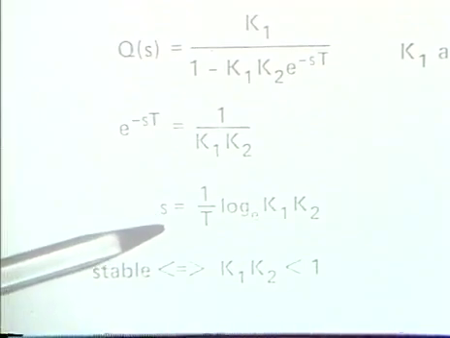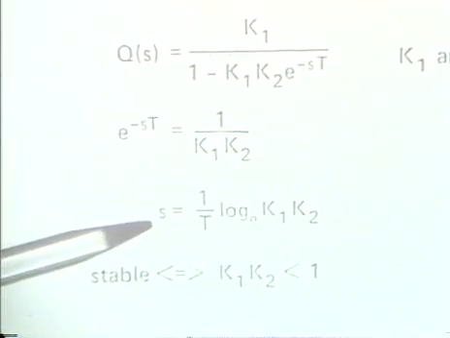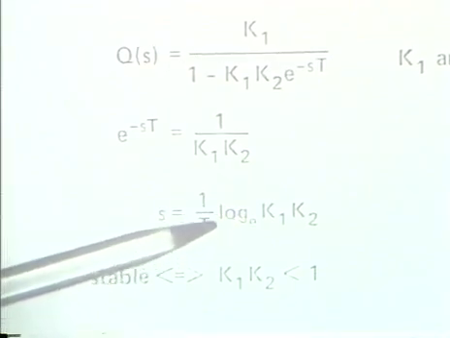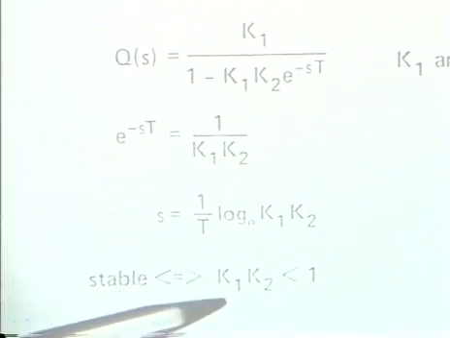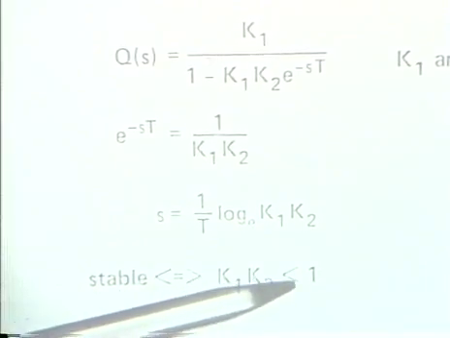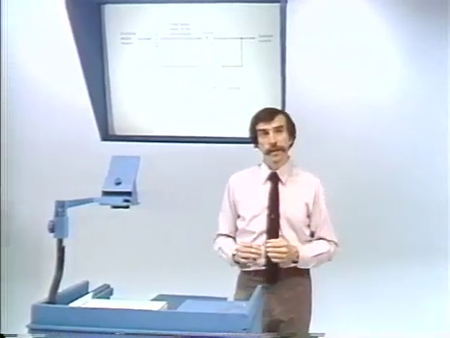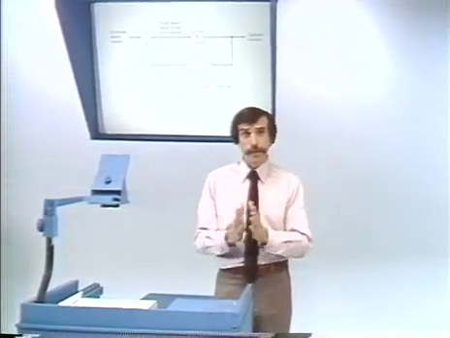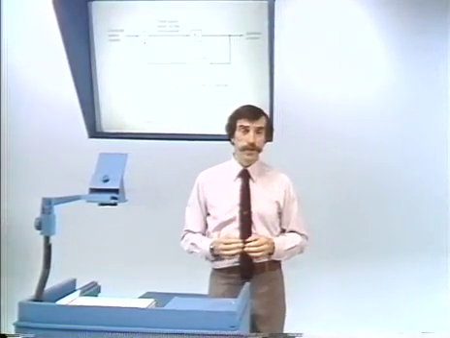For stability, we want these poles to all be in the left half of the s-plane. What that means is that K1 times K2 must be less than 1. In other words, the magnitude of the overall loop gain must be less than 1. If it's not, then we generate an instability.